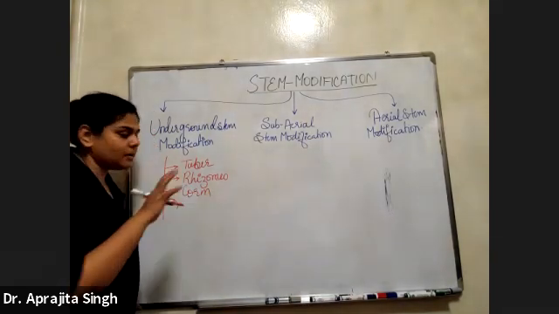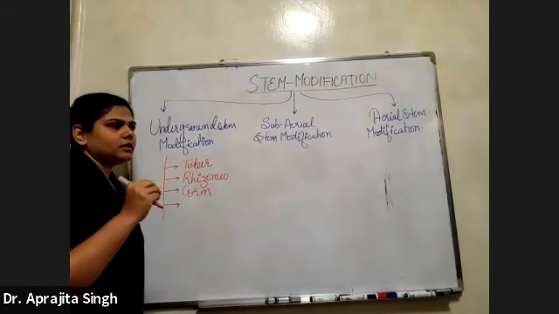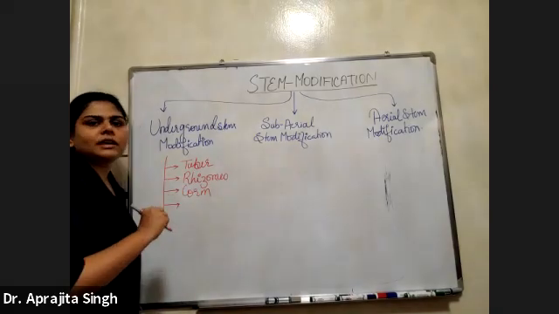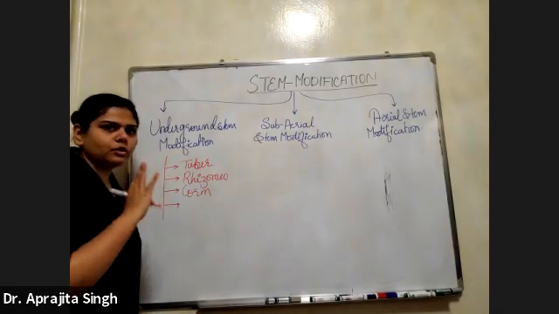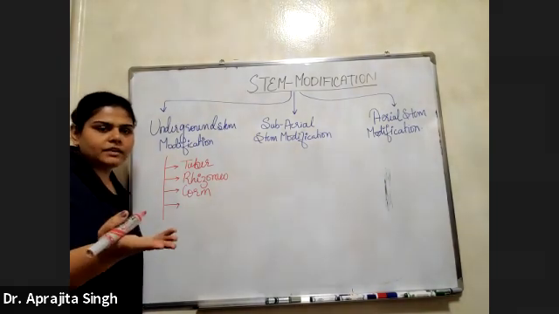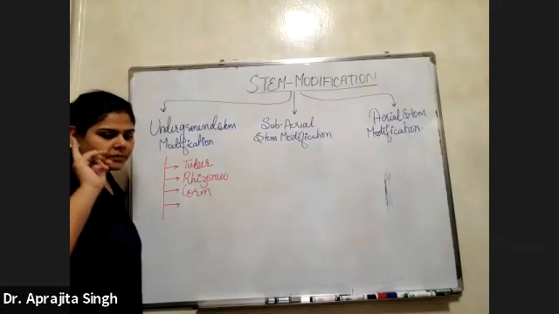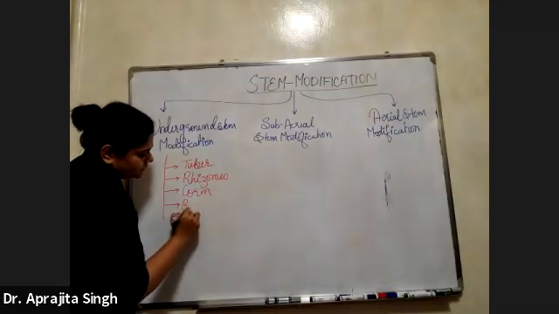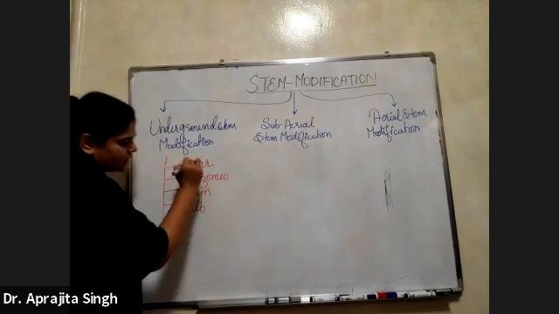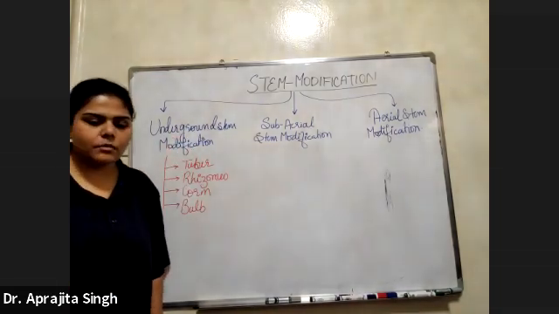This is not present in your NCERT, I know, but long back one question came in the NEET. Yes, this is an out of course question, but still, why should we take a chance? If we know, we can discuss this point. It's very easy. Corm, not corn. And last is the bulb. These 4 parts we will be studying in the underground stem modification.